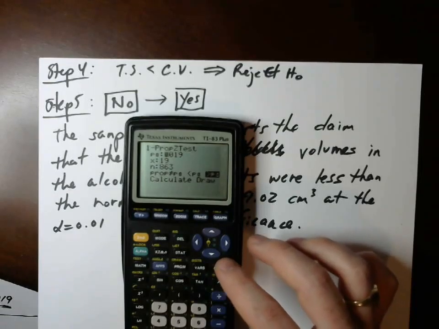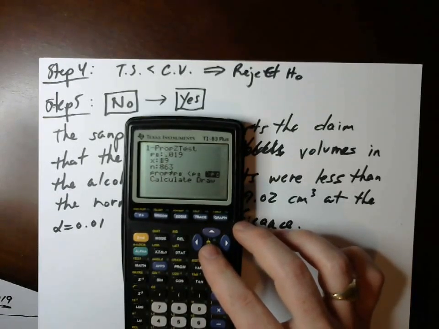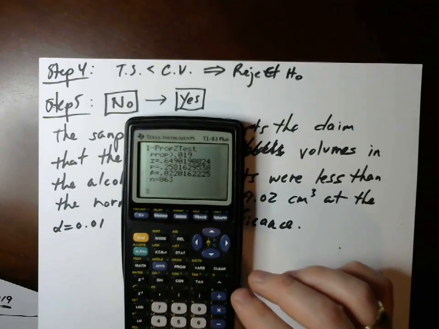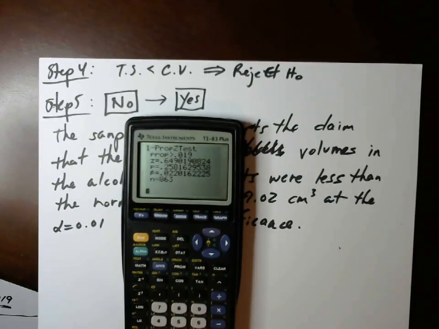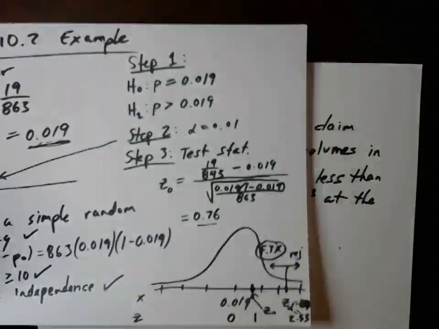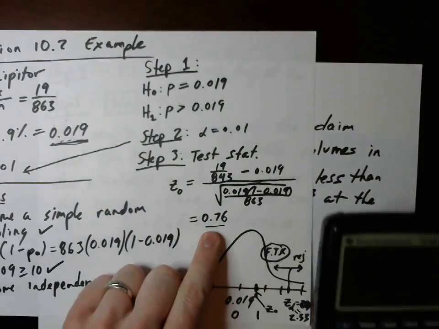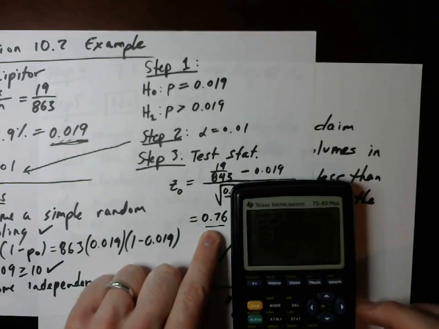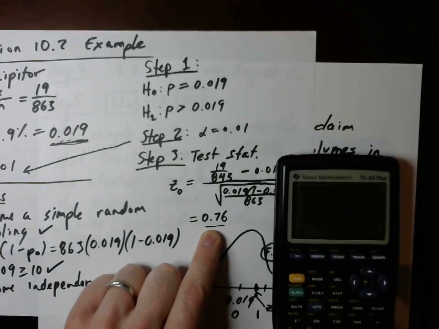So according to this, we get the following test statistic, 0.649. And I got 0.76. If you remember, I'll go back to this really quick. 0.76 in our calculation for our test statistic. And here we got 0.649. And let's just double check here.